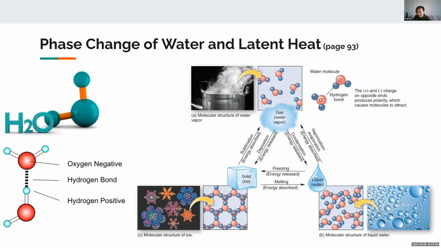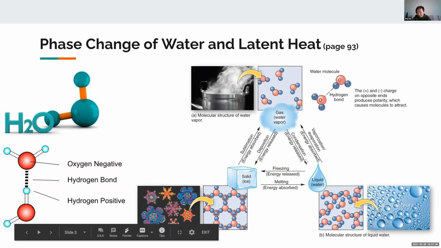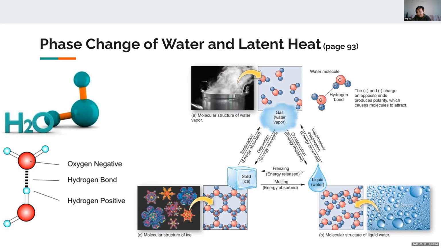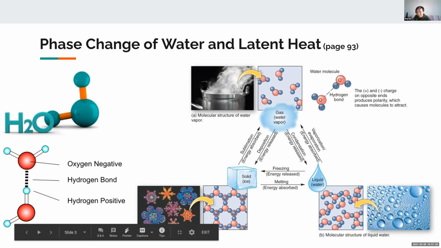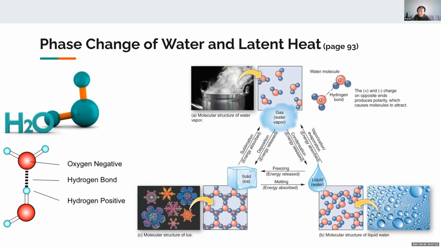But when you go in the opposite direction, condensation and freezing, they both release energy, because you don't need that much energy to keep the different water molecules apart. So you release the energy to the surrounding environment. Let's review our energy exchange through latent heat.